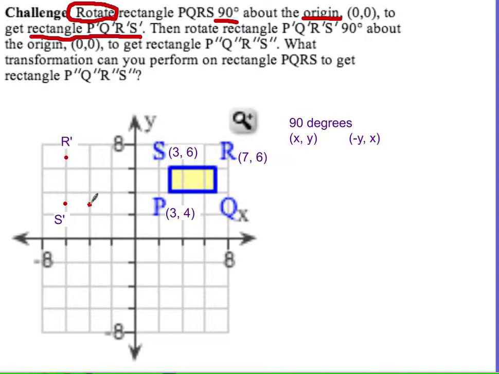And since this is a rectangle, we know all rectangles have equal sides, and their sides are opposite and parallel.